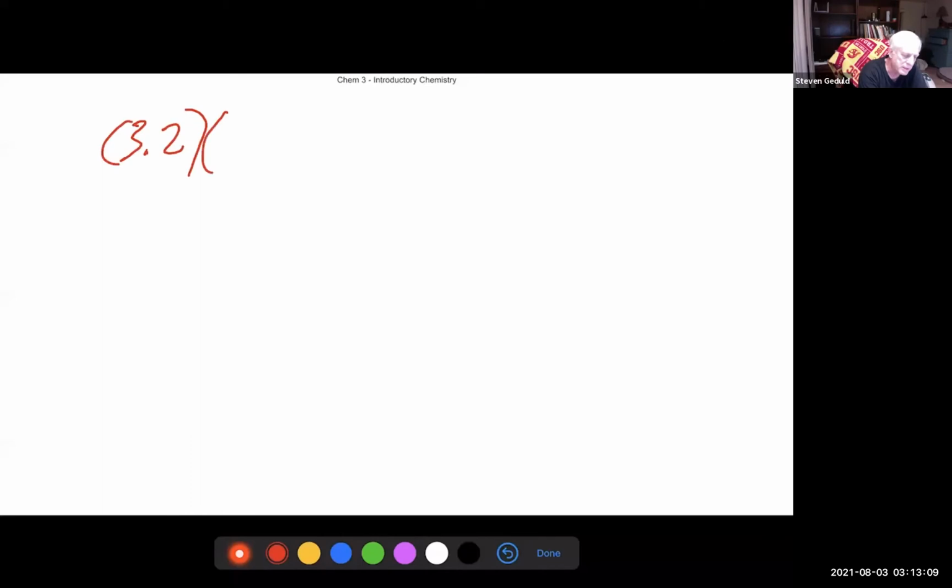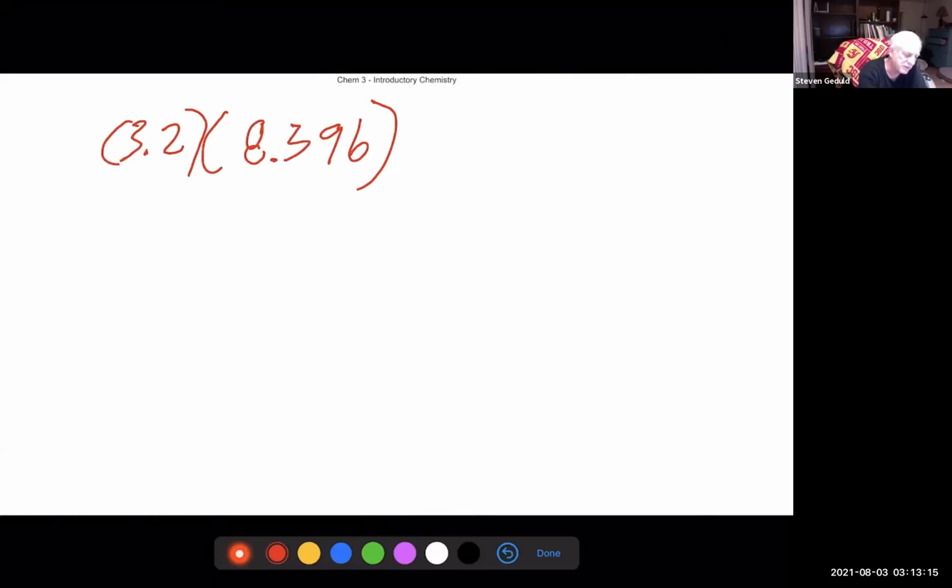So if we're multiplying, say, 3.2 times 8.396, the number with the least number of significant figures is going to determine the number of significant digits in your answer.